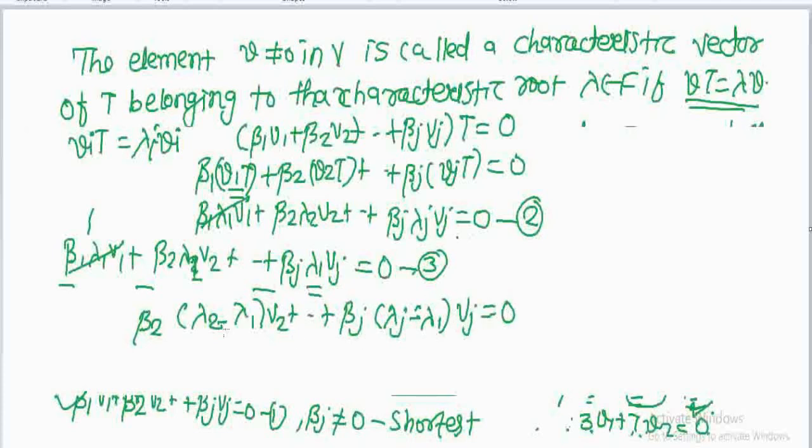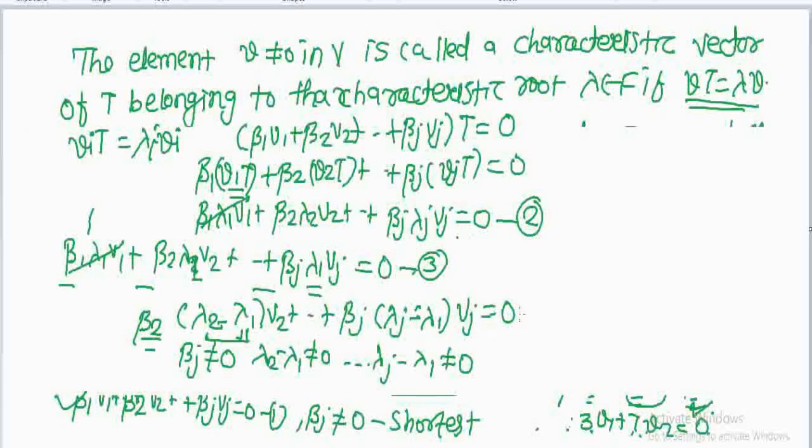Here beta 2, beta 3, up to beta j are not 0, and these are different scalars, different characteristic roots. So lambda 2 minus lambda 1 is also not equal to 0. Similarly, lambda j minus lambda 1 is also not equal to 0.